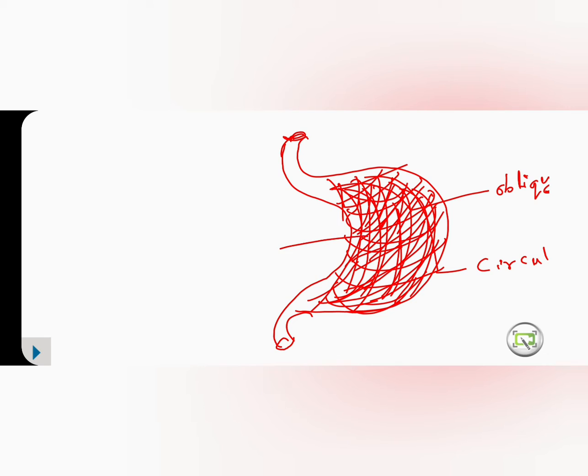So oblique muscles, and a layer of muscles next to oblique muscles are present around the stomach in a circular fashion, so these muscles are called circular muscles. And one more layer of muscles is present along the length of the stomach. So automatically we can say that it is longitudinal muscles.